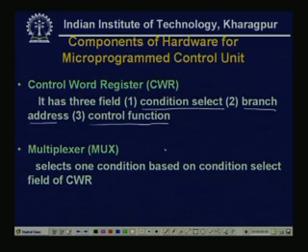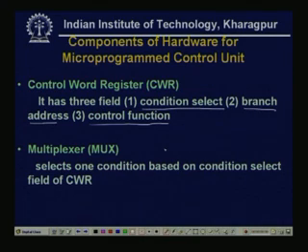Each micro instruction fetched from the control memory is loaded into the CWR, the control word register. The organization of the CWR is the same for each control word and contains these 3 fields: condition select, branch address and control function.